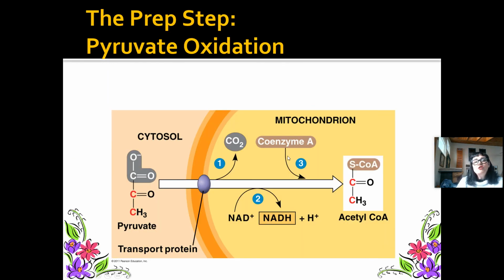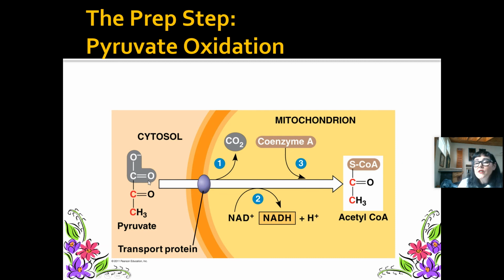Okay, so this is just showing a nice little diagram of pyruvate oxidation. Remember how I told you there were some oxygens here? This is going to be the part that gets removed with the CO2. So this is pyruvate. This came originally from a carboxyl group, but the hydrogen is gone.